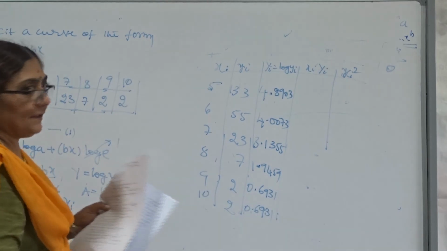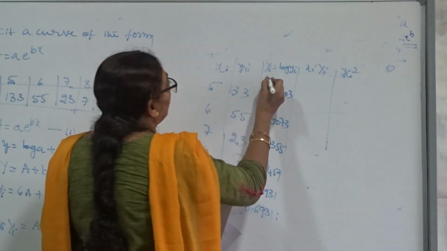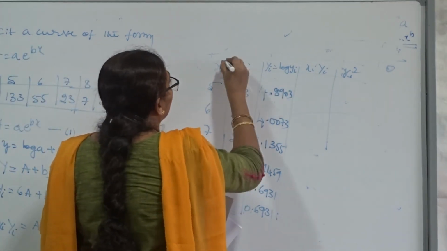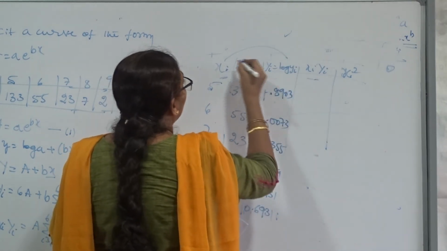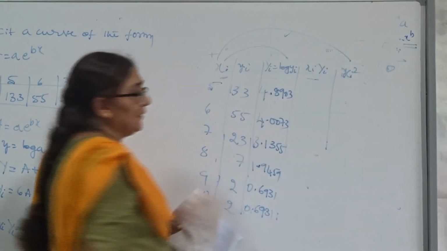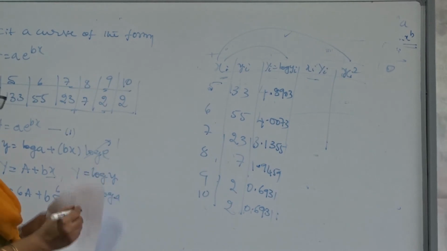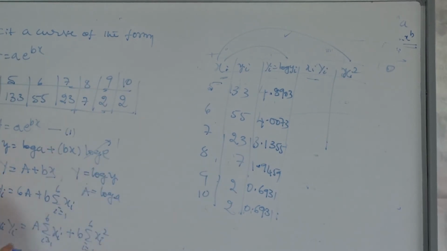The rest of it, you know: you multiply this with this, substitute here, take the square of that, substitute here, find the totals, and substitute in these equations.